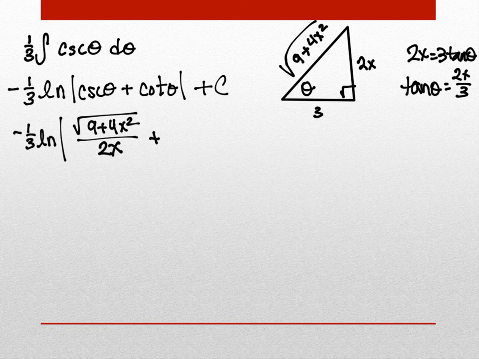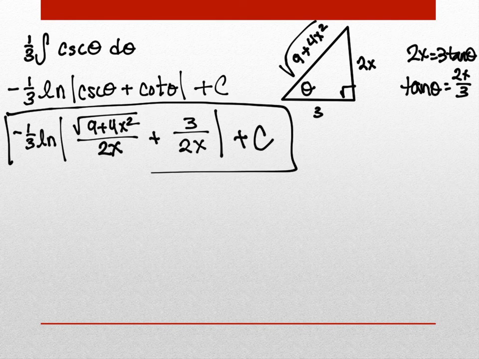Right, so cotangent is the reciprocal of tangent. Tangent is opposite over adjacent, so cotangent is adjacent over opposite. Adjacent here is 3, and opposite is 2x. And then we have our plus c at the end. Again, the only thing that we really could do here at all is make this one single fraction inside the absolute values. Choose to do it, choose to not do it. It doesn't really matter to me, but this is as simplified as it really gets.